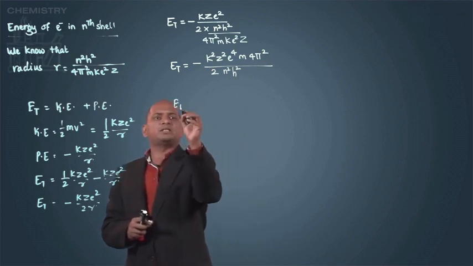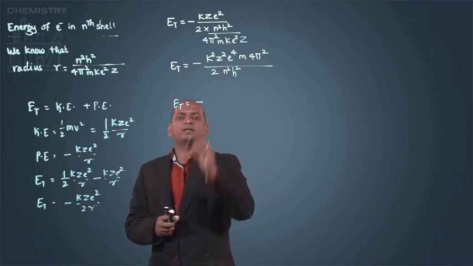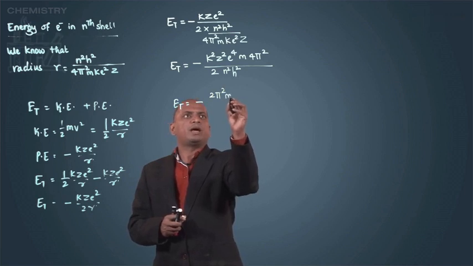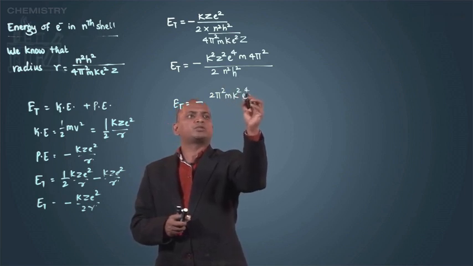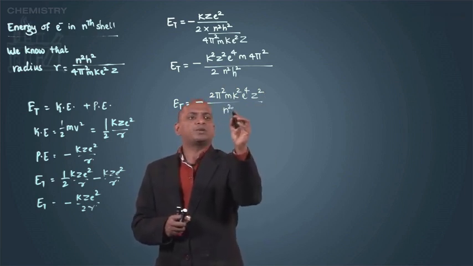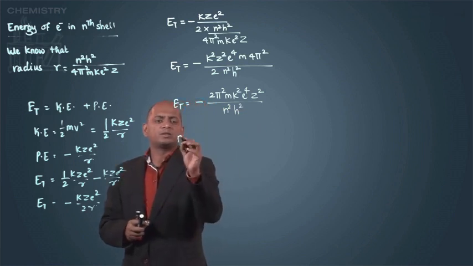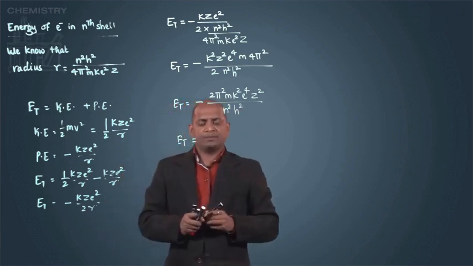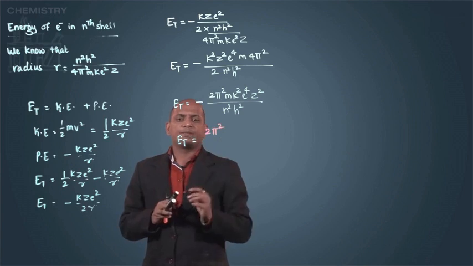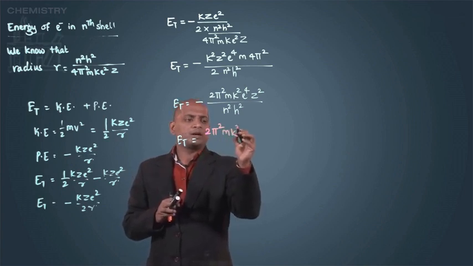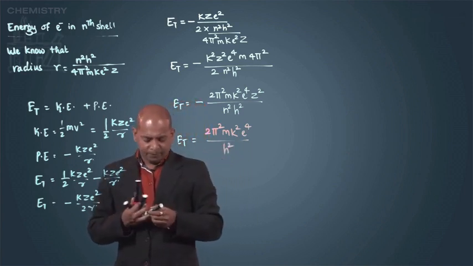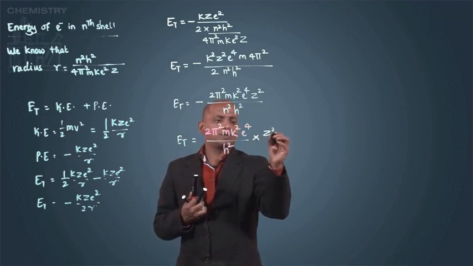So total energy is equal to minus 2 pi square m k square e raised to 4 z square divided by n square h square. I am purposely writing a simplified version in a different color now. So 2 pi square m k square e raised to 4 upon h square, and z square upon n square.